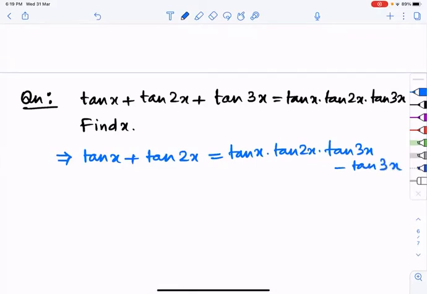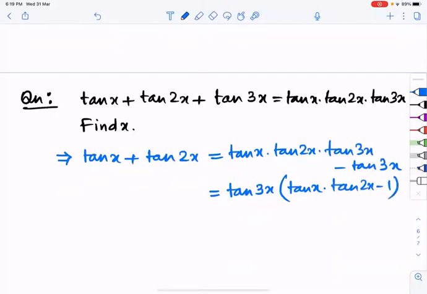Okay, so in the right hand side, now I can take tan 3x common, and if I do that, I will get tan x into tan 2x minus 1.